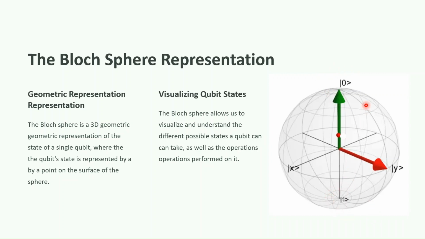This is called bracket notation, used in quantum mechanics. In this sphere, any point can represent the state of a qubit. We can say this is the ground state and this is the excited state.